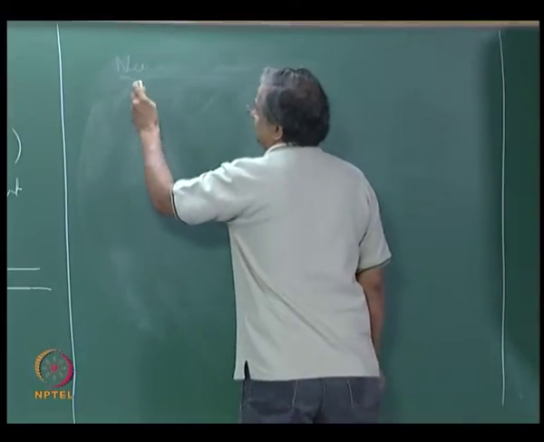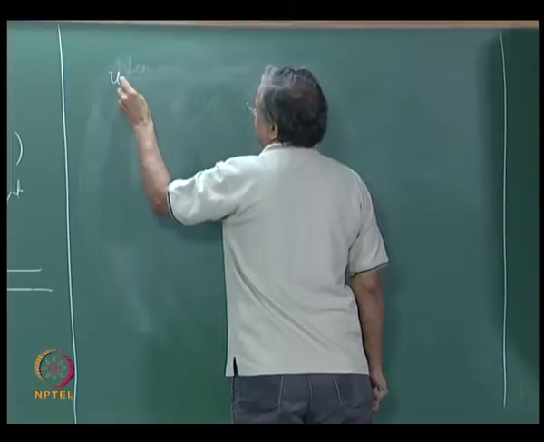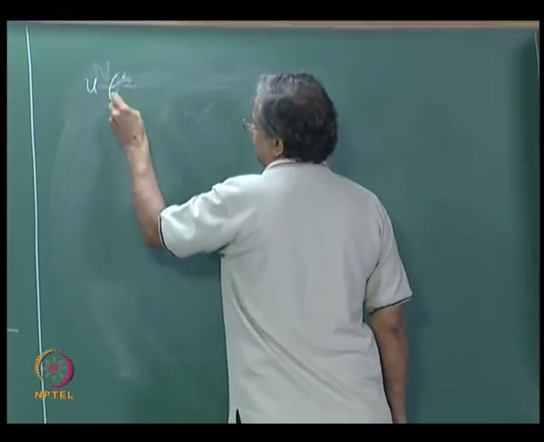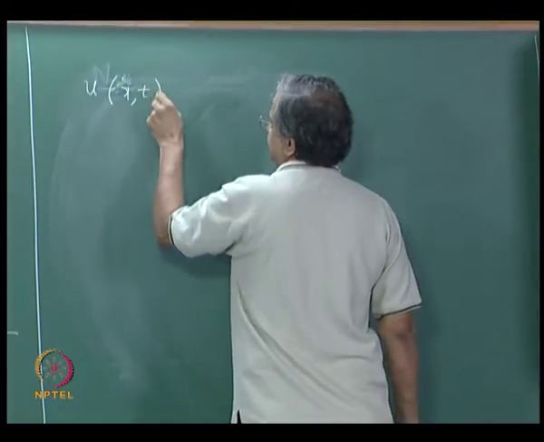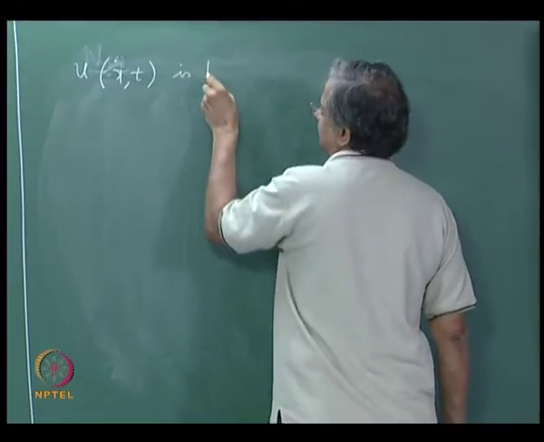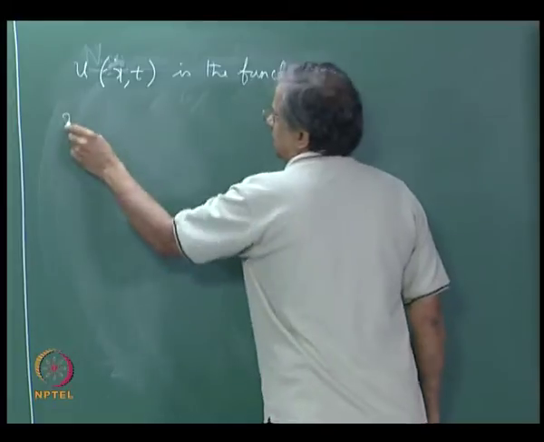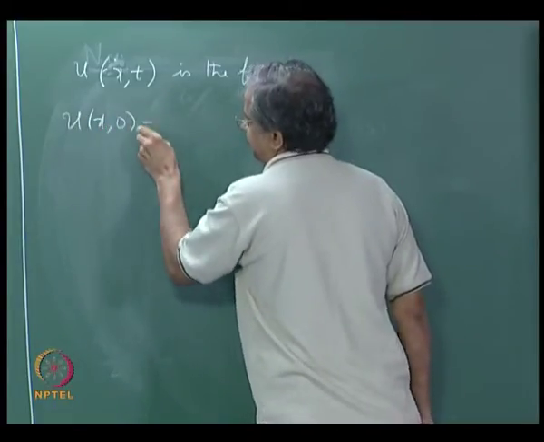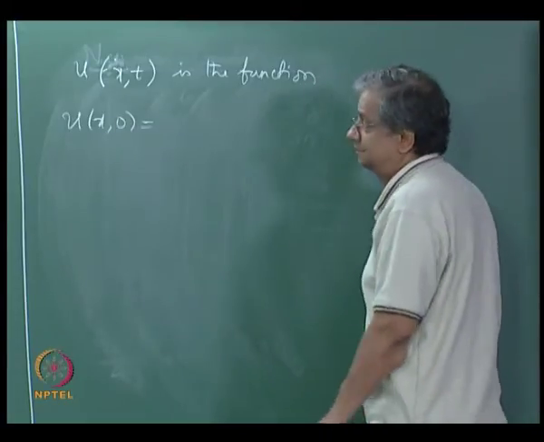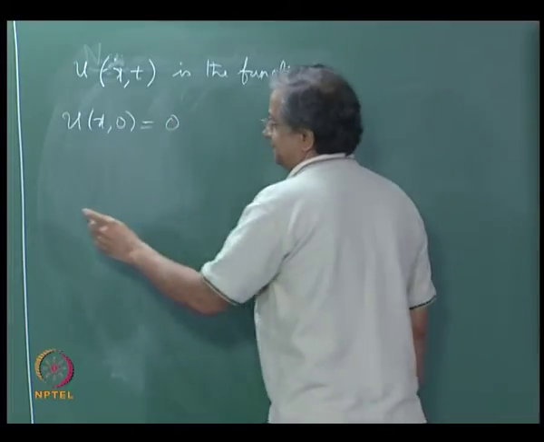So a typical initial condition could be u at t equals 0; u of x comma t is the function, u of x comma 0 equals, let's start with a simple one.